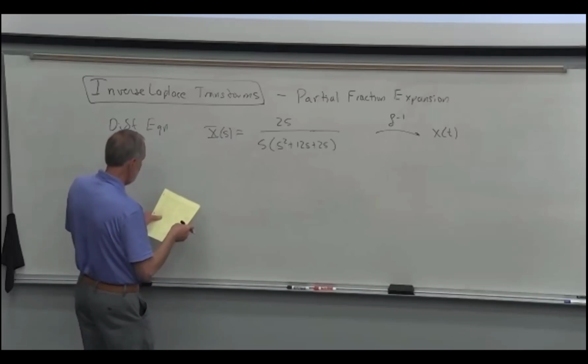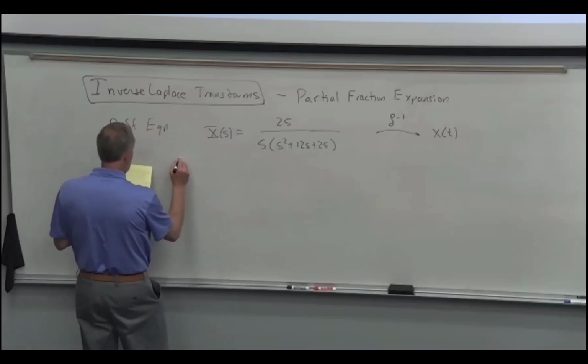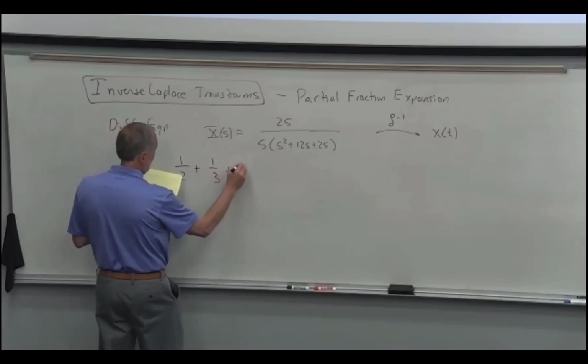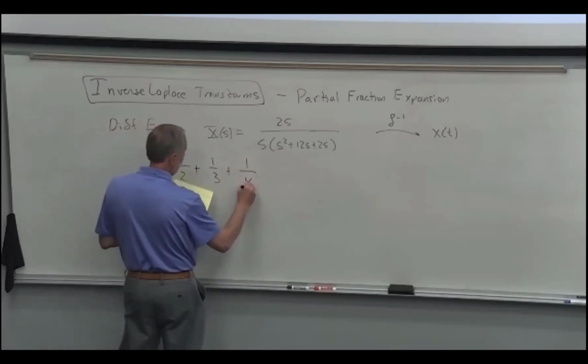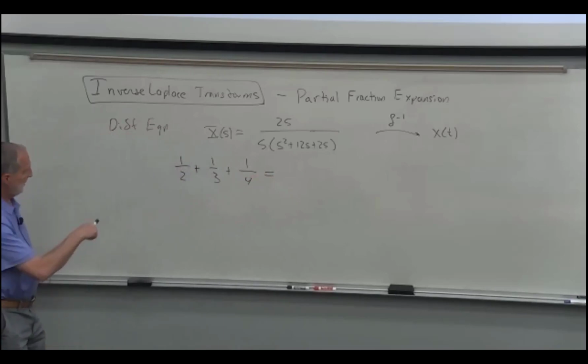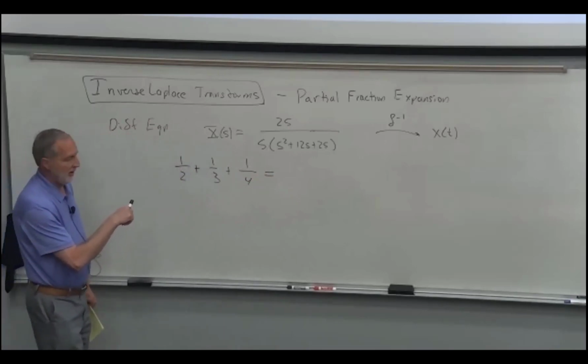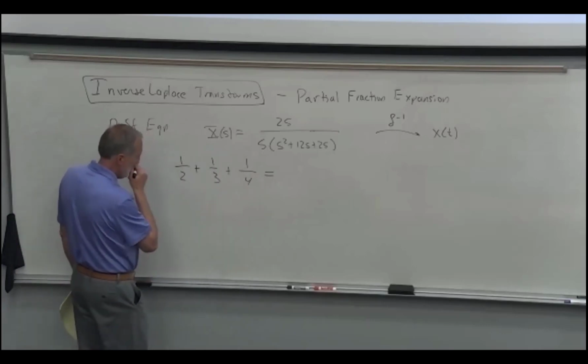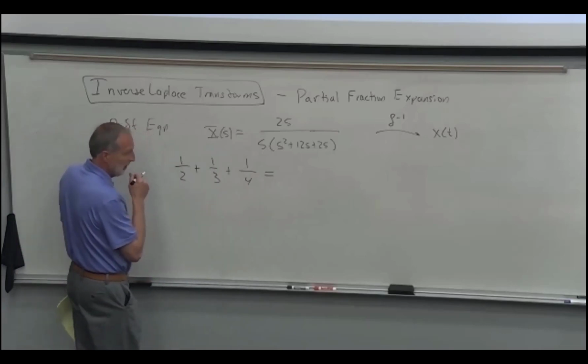And the idea here is, this is the reverse of finding a common denominator. So we all do this, right? You can find a common denominator, which means you multiply 2 times 3 times 4. So that's 24.